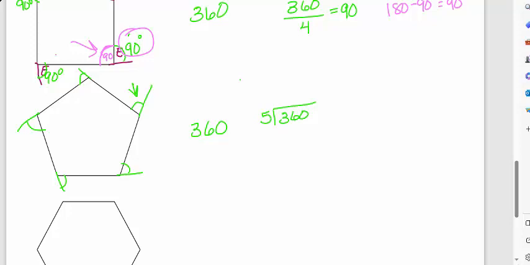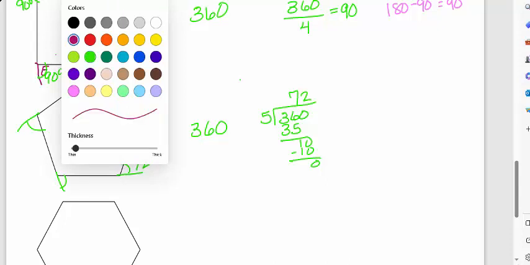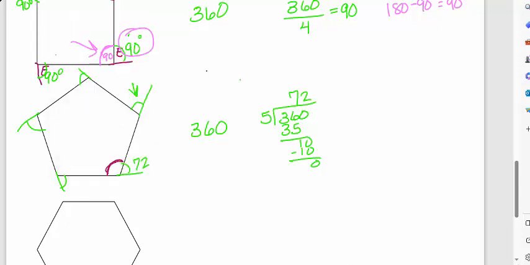So 5 goes into 36 7 times, and then into 10 twice. So we know the exterior angles are all going to be 72 degrees. So the interior angle here is going to be 180 take away 72. So it's 108 degrees.